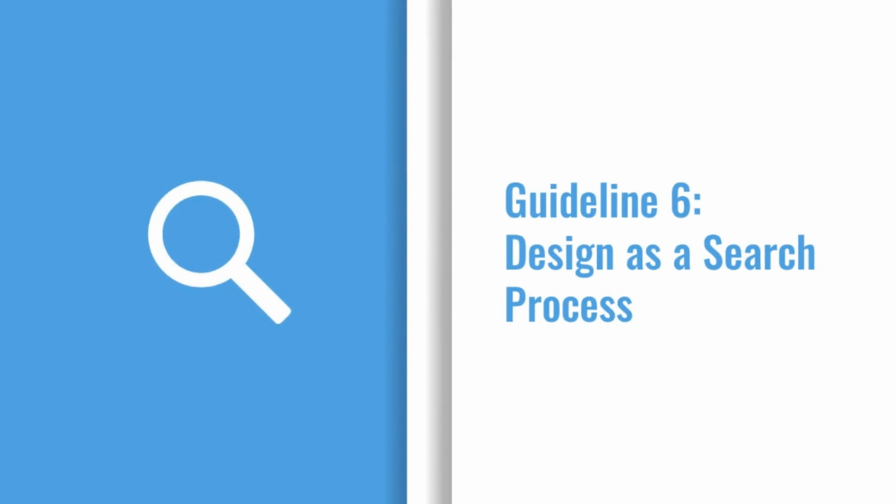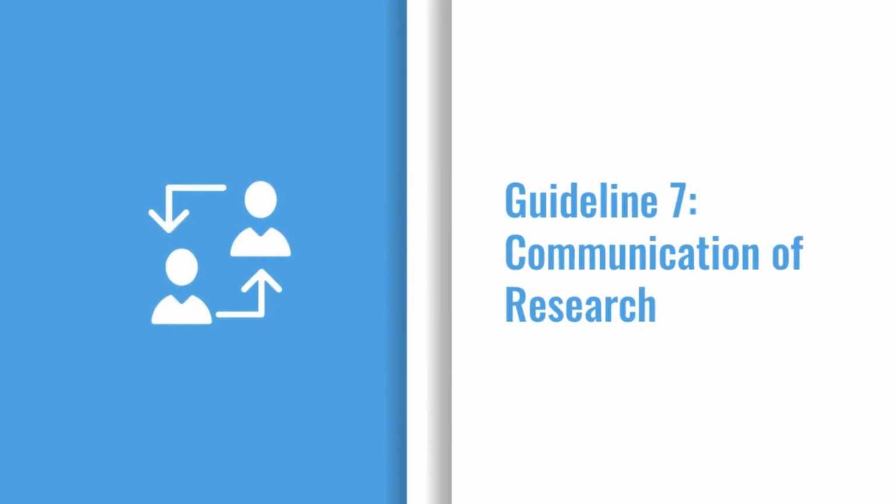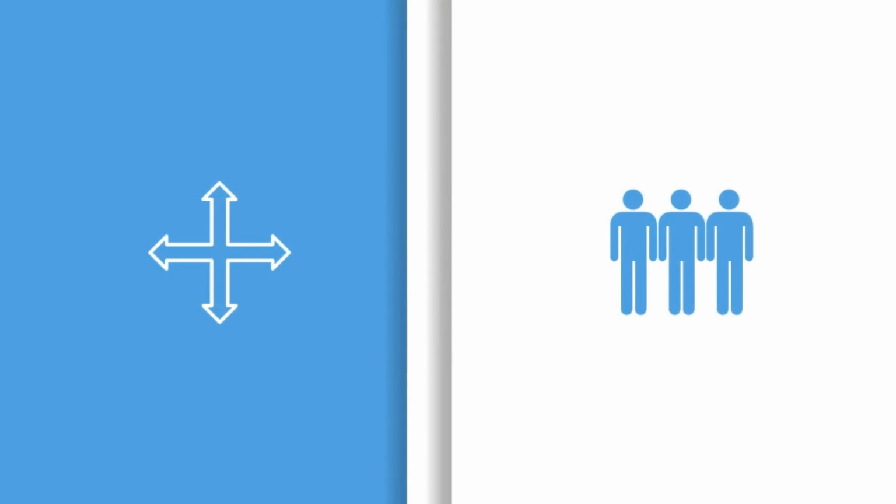Guideline 6, Design as a search process. The search for an effective artifact requires utilizing available means to reach desired ends while satisfying laws in the problem environment. Guideline 7, Communication of research. Design science research must be presented effectively both to technology-oriented as well as management-oriented audiences.